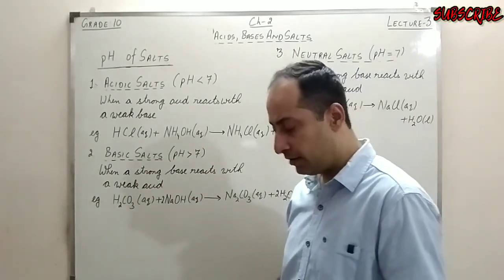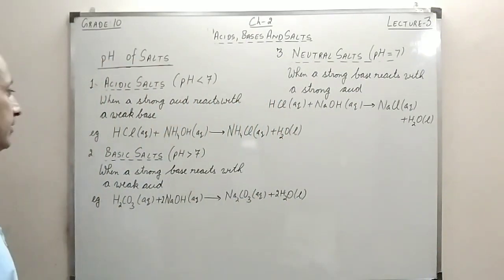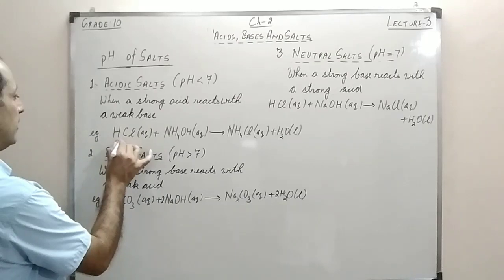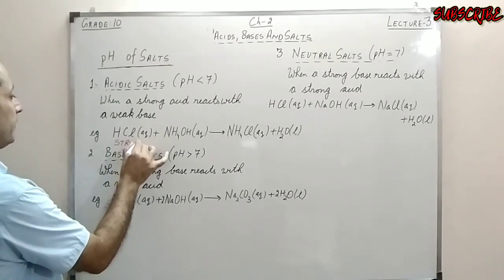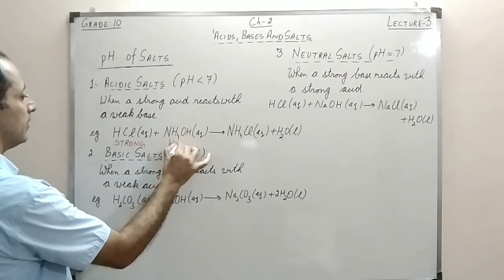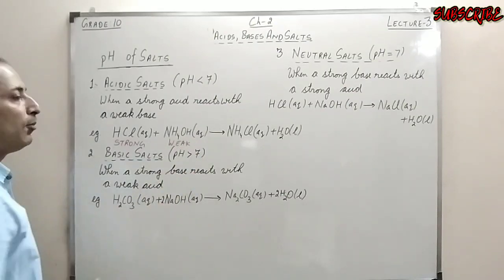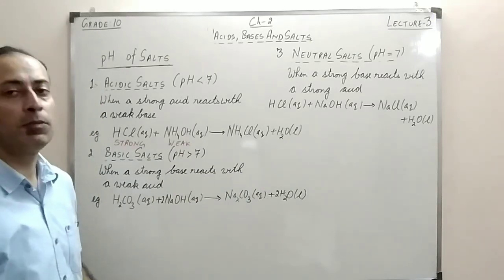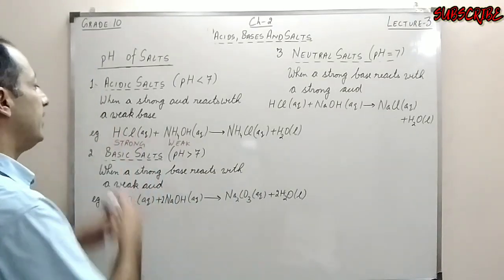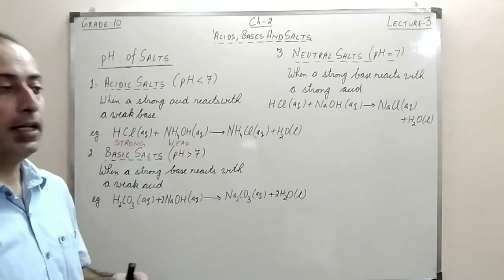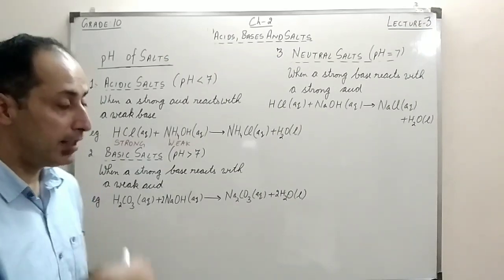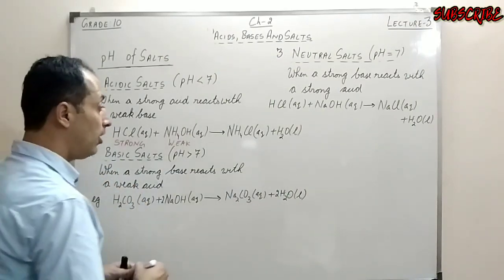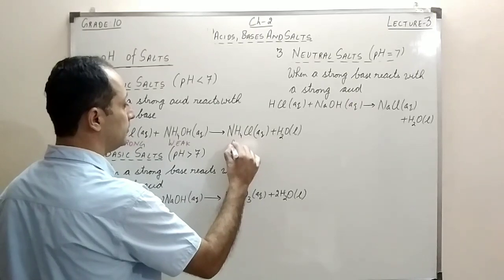So we have an example. Here we have HCl, which is a strong acid, and this is the weak base, ammonium hydroxide. When they react with each other, the salt formed is ammonium chloride. Since HCl was stronger, in that it can give more hydrogen ions, the salt formed here is an acidic salt.